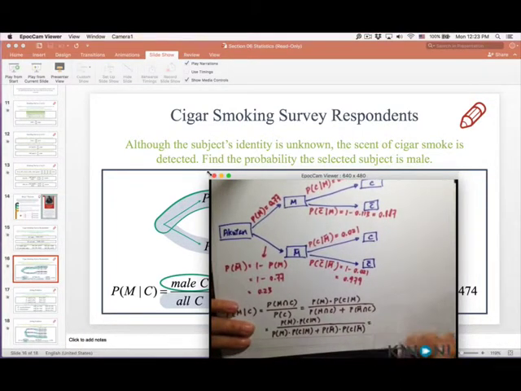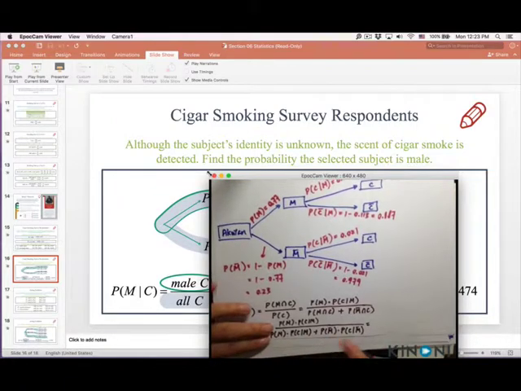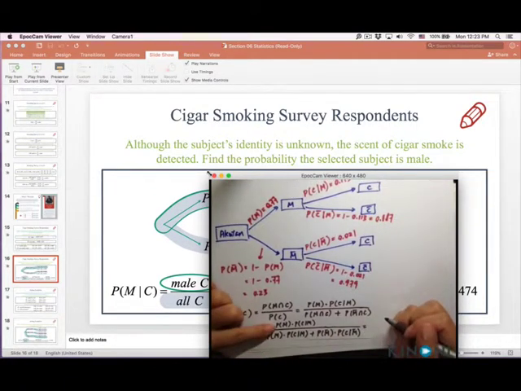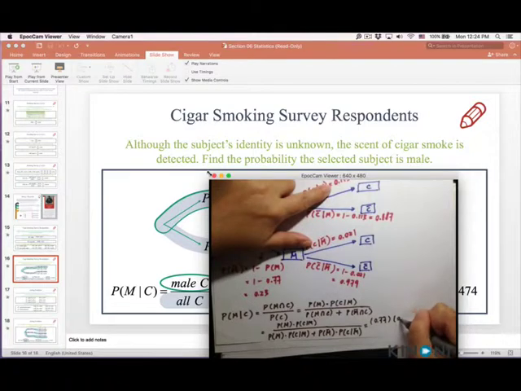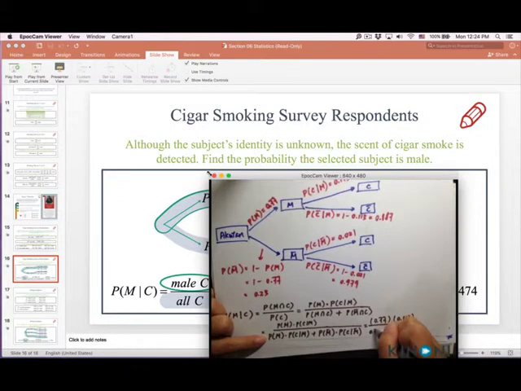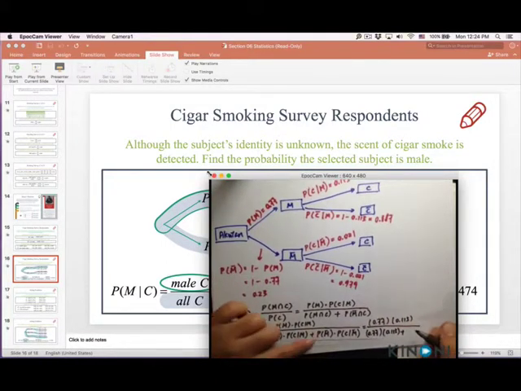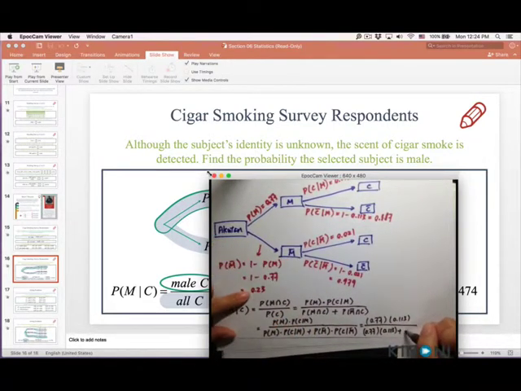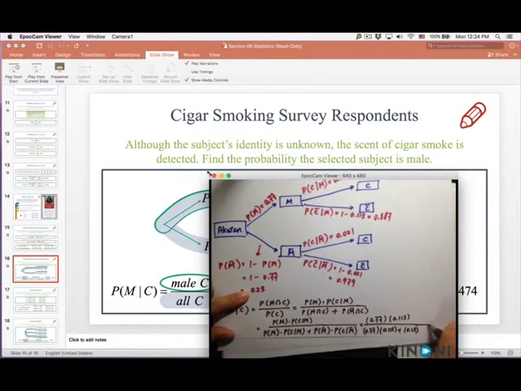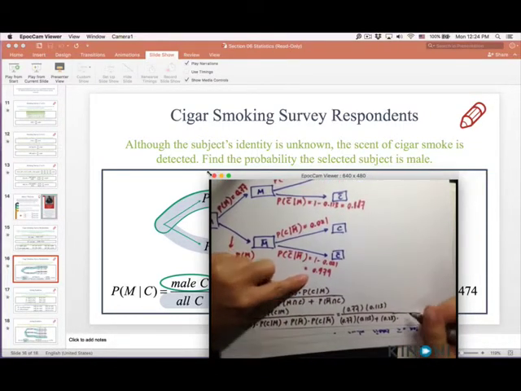Now we're gonna plug in all this information using the tree diagram here. First, probability of male, so 0.77 times the conditional probability, 0.113, over probability of male times 0.113 again, plus probability of non-male, so that will be 0.23 times this conditional probability, 0.979.